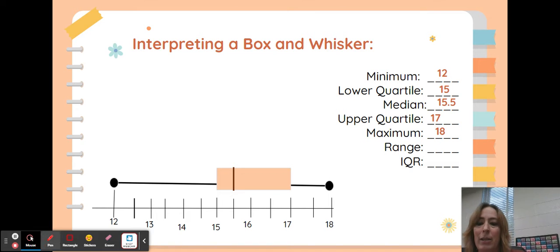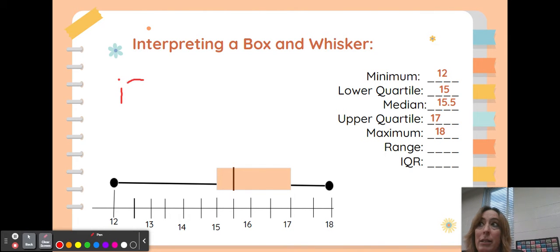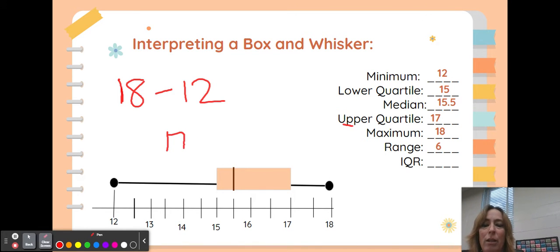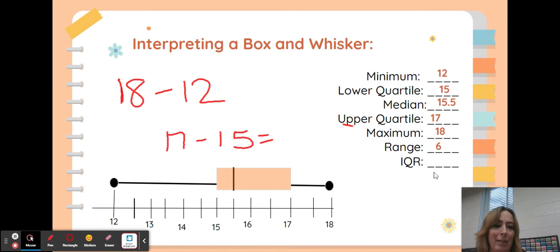For the range, let's take our big number, 18, and subtract our little number, and that will give us a range of 6. Let's do our interquartile range, our IQR. We know our upper is 17 and our lower is 15. So our IQR will be 2.